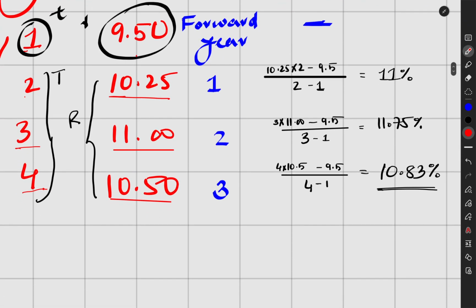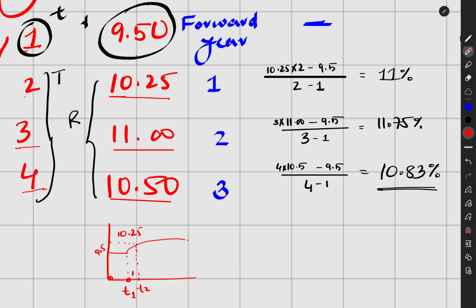I will take the interest rate at T1, which would be 9.5. T2, a very close point to this, has interest rate 10.25. That's the spot yield.